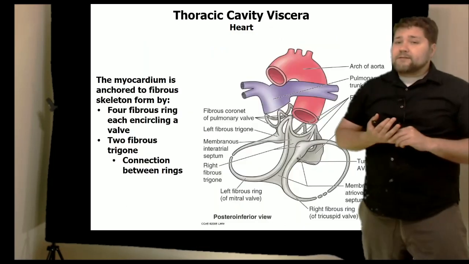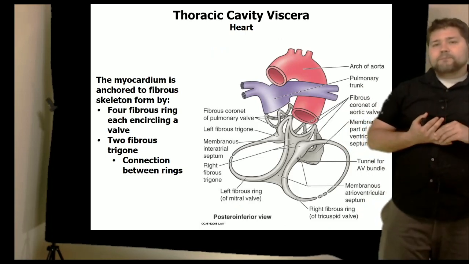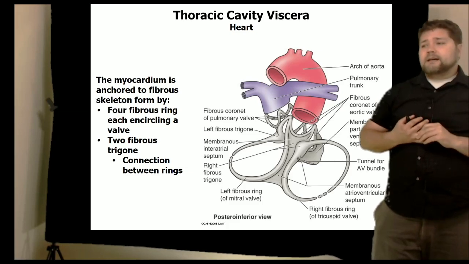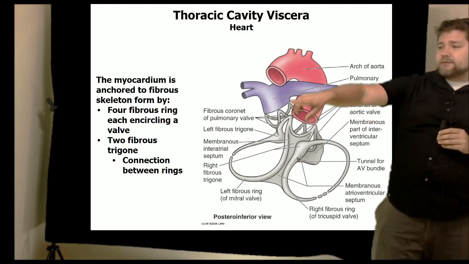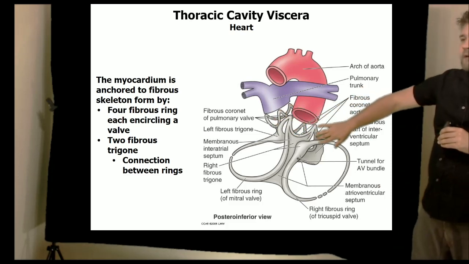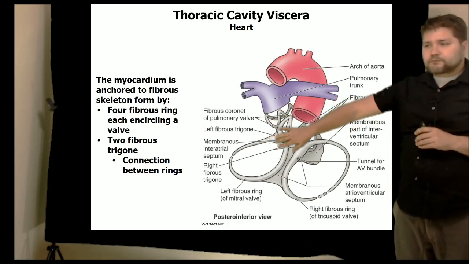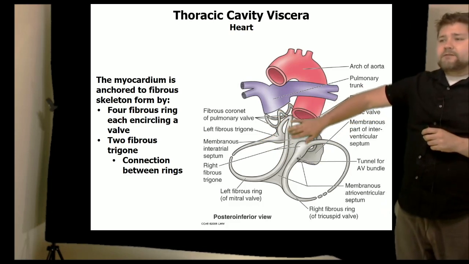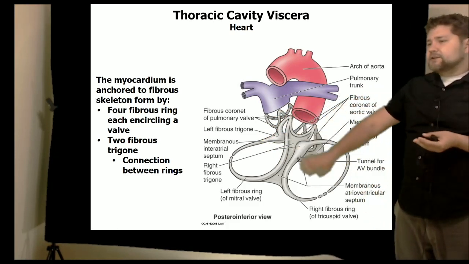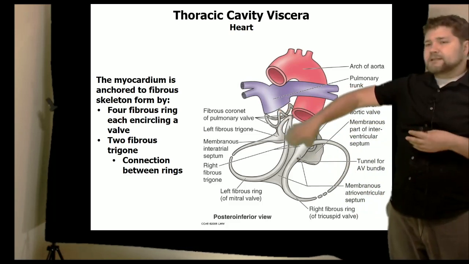The heart does have a skeleton. So we refer to this as a fibrous skeleton. It's got basically the necks of the, I should show it on here. Basically, it has the outline for where your cardiac valves will be. And then you also have these little trigones in the center that are going to hold those pieces together. But this annulus ring, this fibrous ring, is basically your heart skeleton.